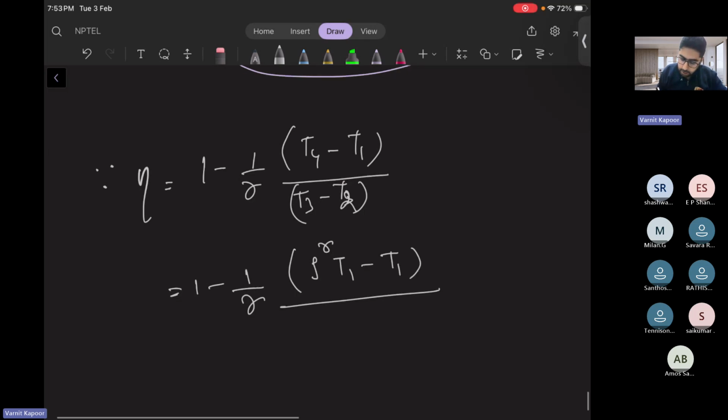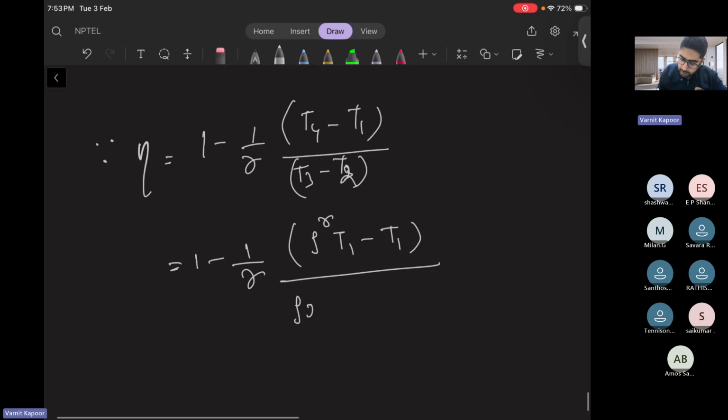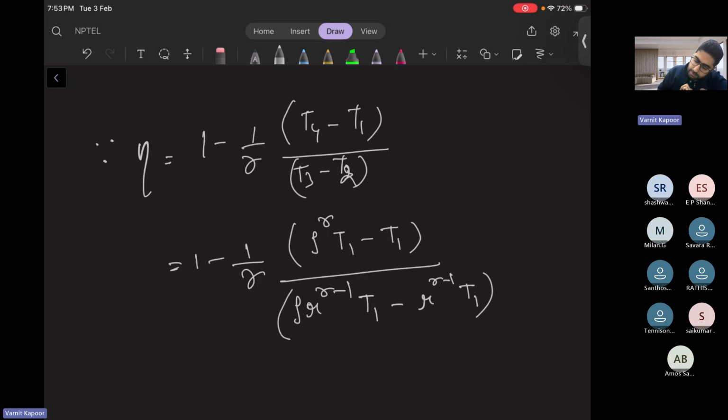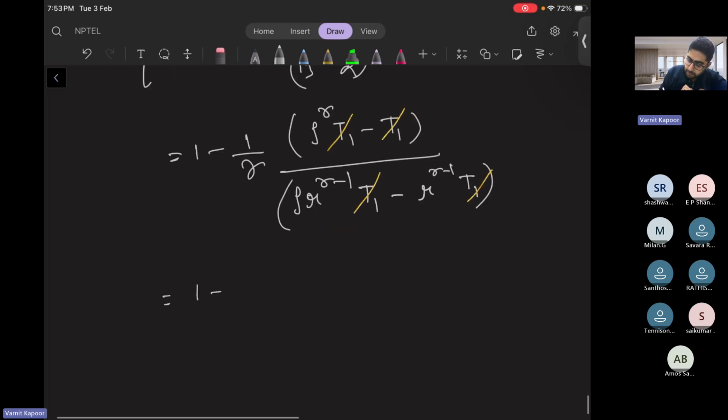T3 is rho into R to the power of gamma minus 1 into T1, minus what is T2? It is R to the power of gamma minus 1 times T1. So now every value is in terms of T1. So T1, T1, T1, T1 cancel out. So your final value is 1 minus 1 by gamma, rho to the power of gamma minus 1.